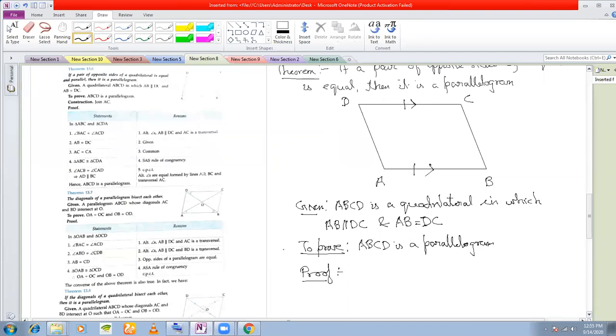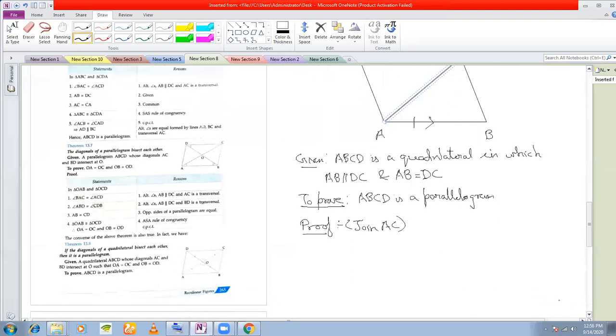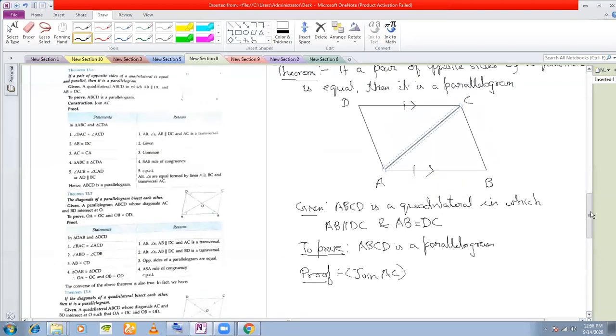In order to proceed with the proof, first of all, you say join AC. You join these two points A and C, the diagonal. Once you have joined AC, now you need to show that this is a parallelogram. How do I show that this is a parallelogram?